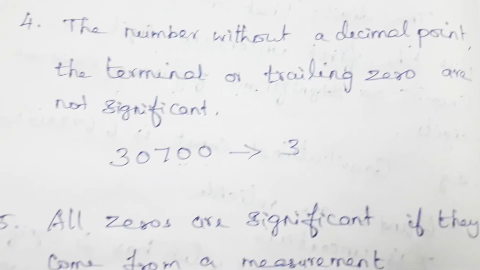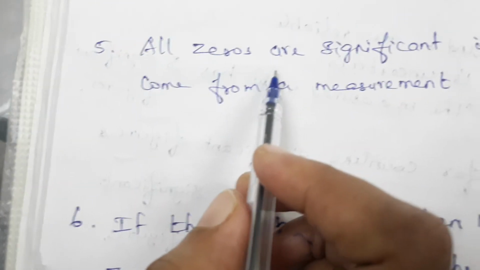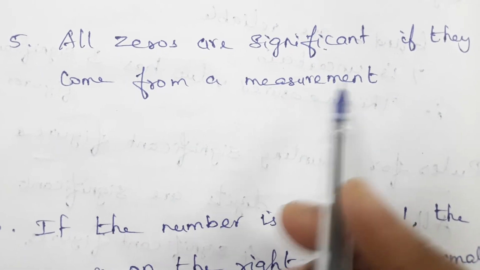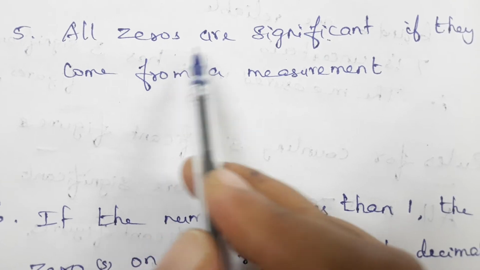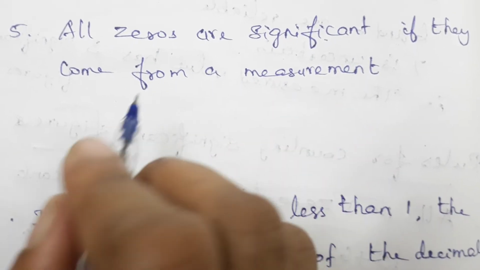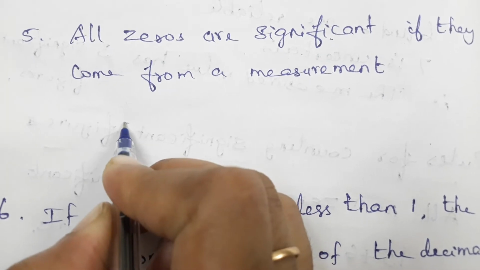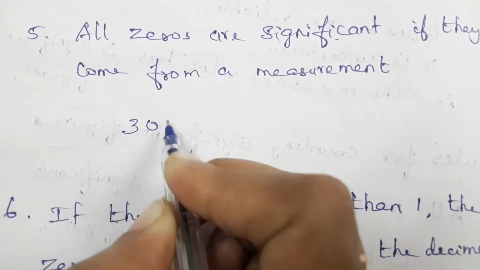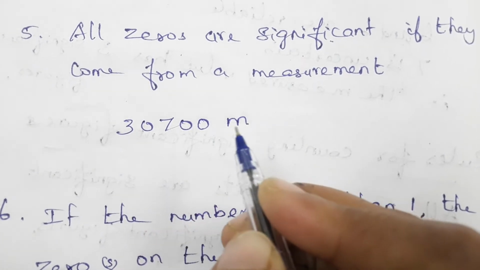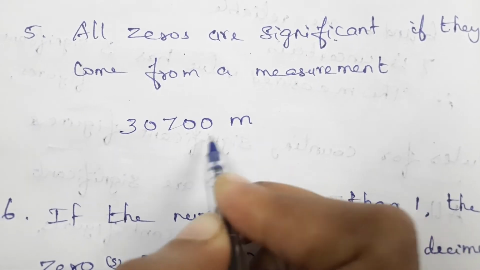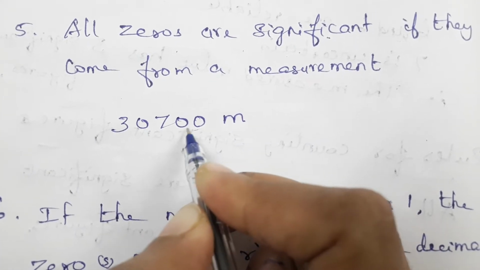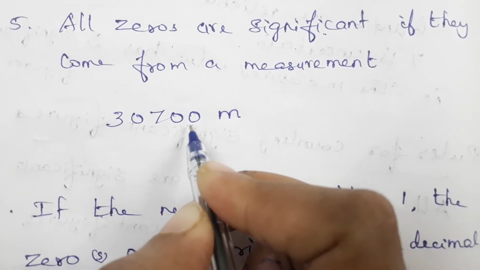The next rule: all zeros are significant if they come from a measurement. The same example, suppose the measurement is 30700 meter. It means it comes under a measurement. So these zeros are also included as significant.